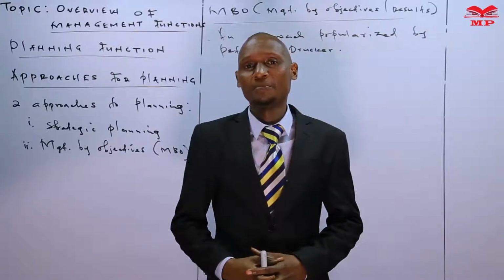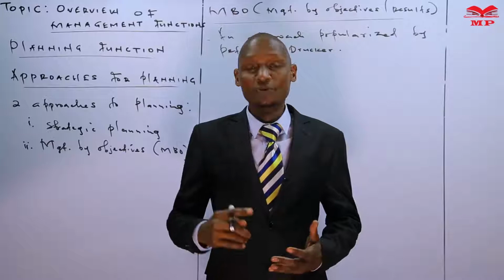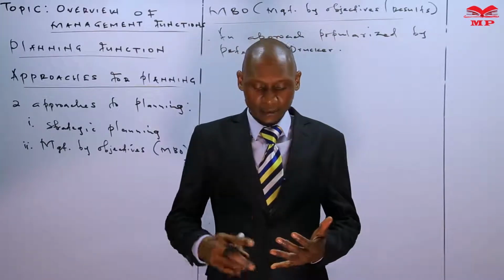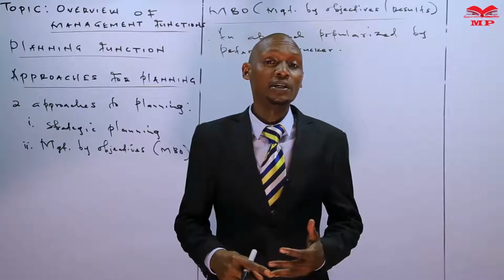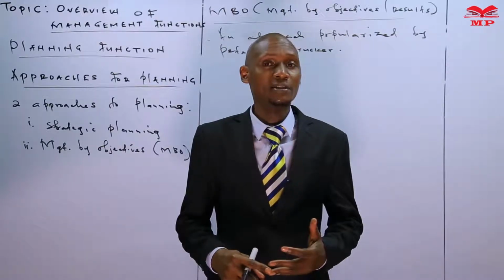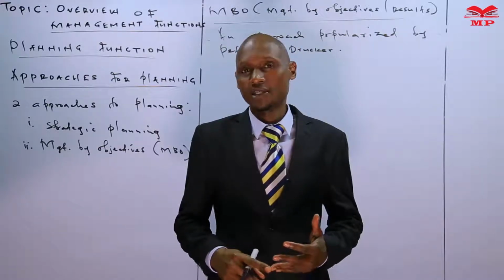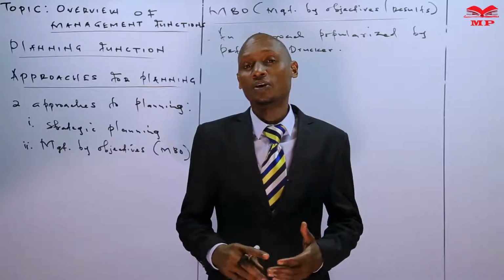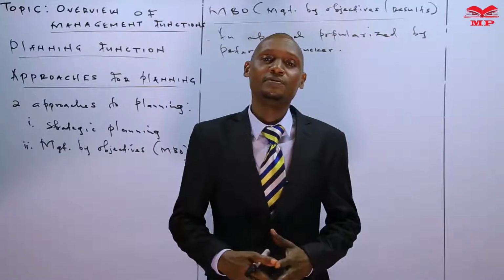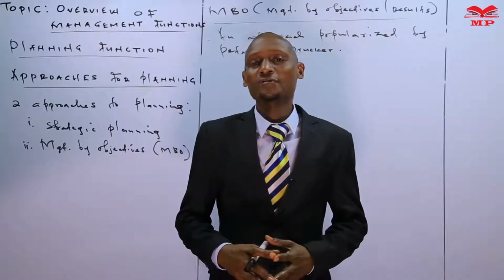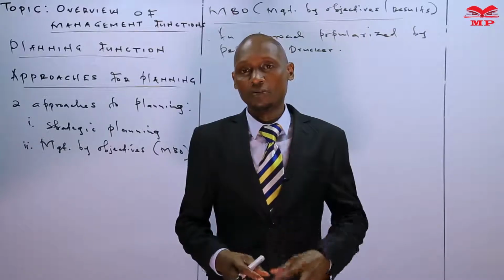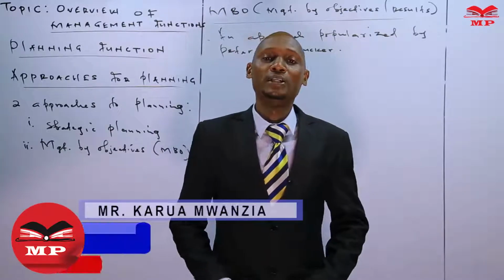And by devising plans, we mean they would set or establish organization goals and objectives and go ahead to formulate the means, the strategies or action plans to be employed in order to achieve those goals and objectives.